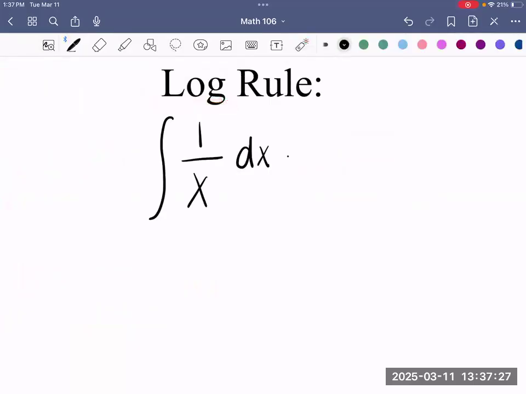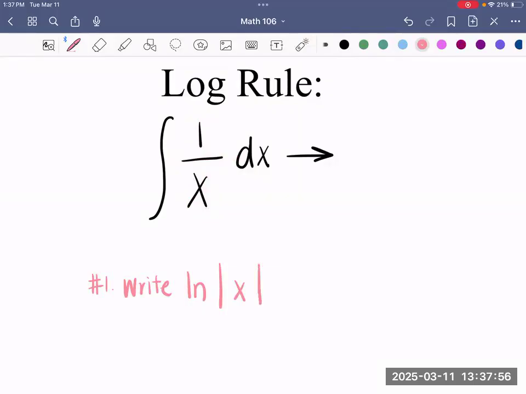The logarithmic rule, or the log rule, is that if we see 1 over x or 1 over a value, we are really taking the derivative, or we had taken the derivative of ln. So if we're working backwards, we write natural log, and we're going to use the absolute value sign here of x.